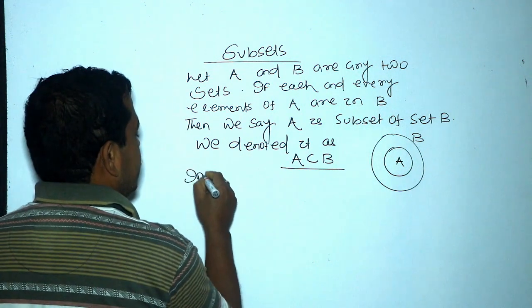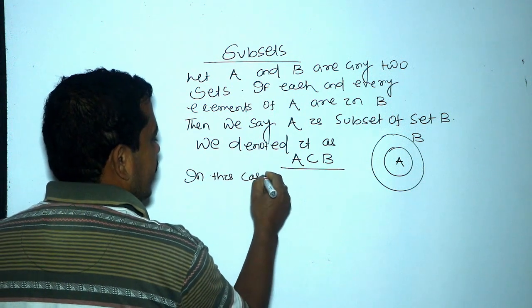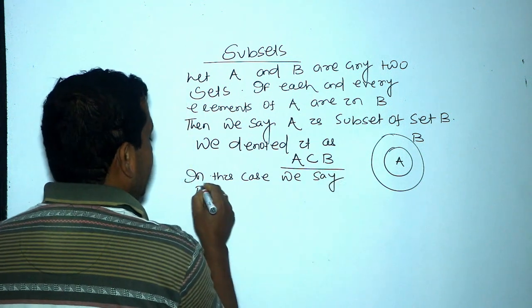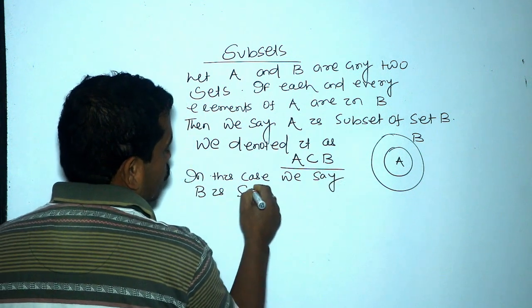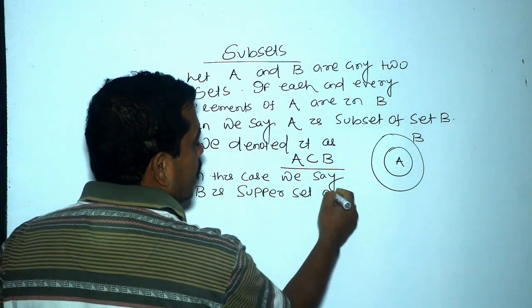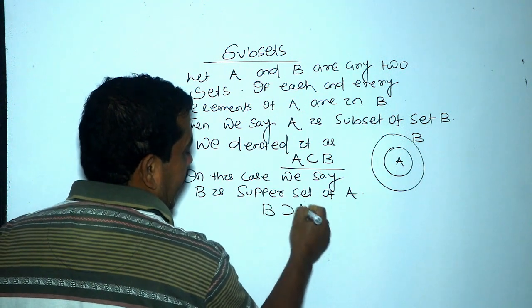In this case we say B is a superset of A, that is B contains A.